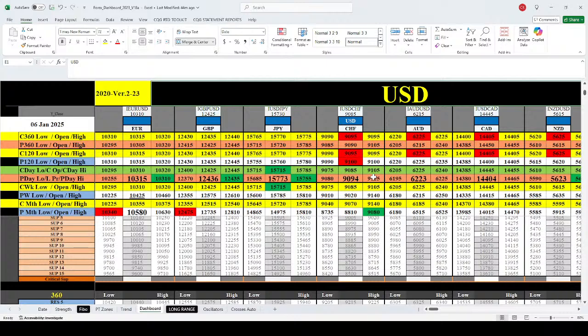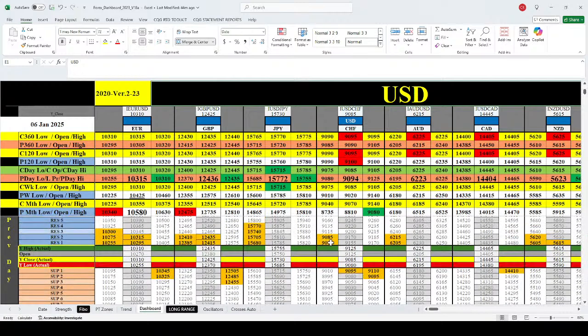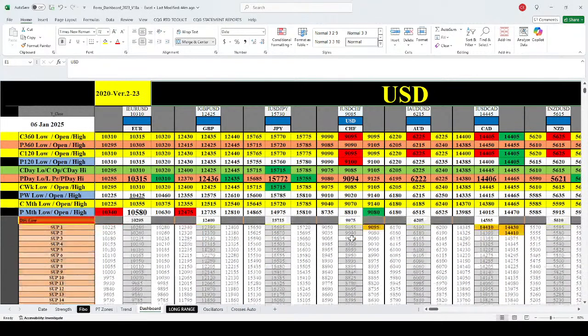So we may have seen the high, or we can expect to get one spike up to break the high, then the market eventually turns up. And I think that CPI, the Swiss CPI, might be a catalyst. So we should be paying attention to that data and see how we can trade this.